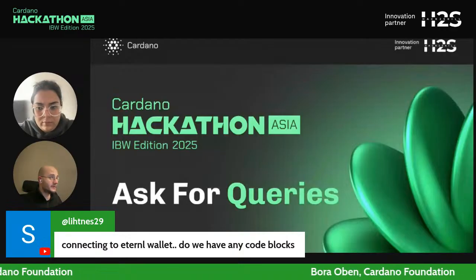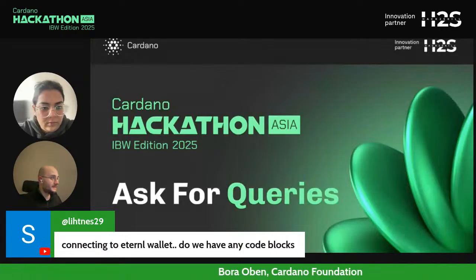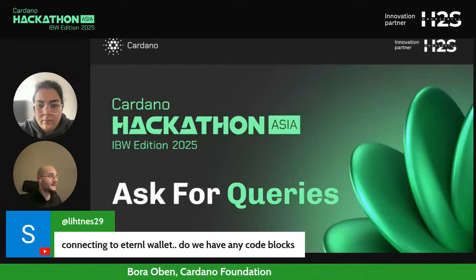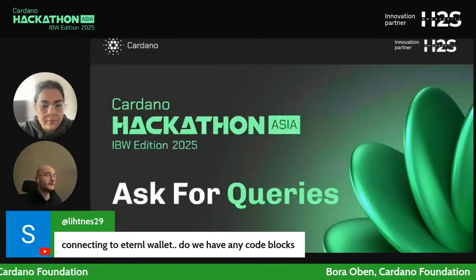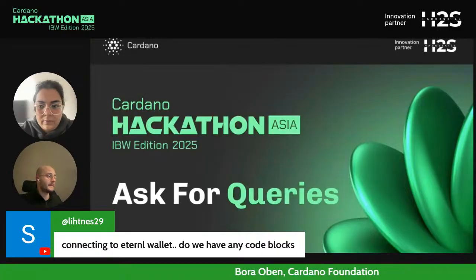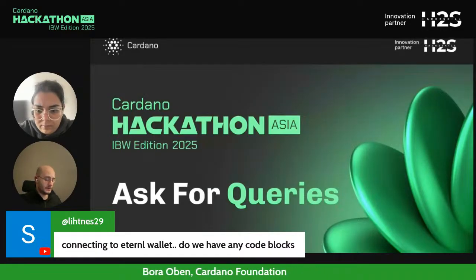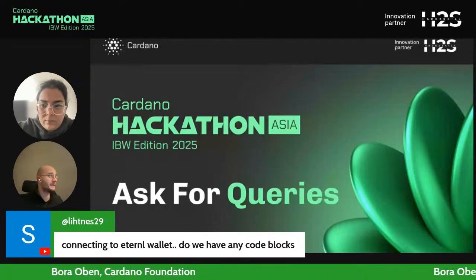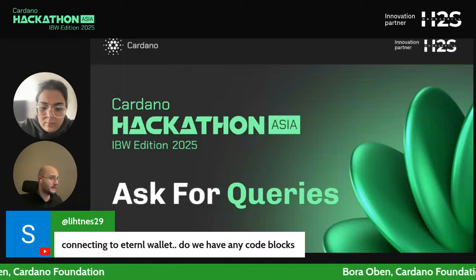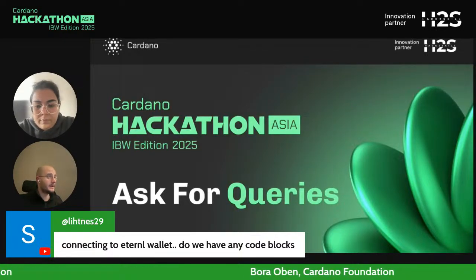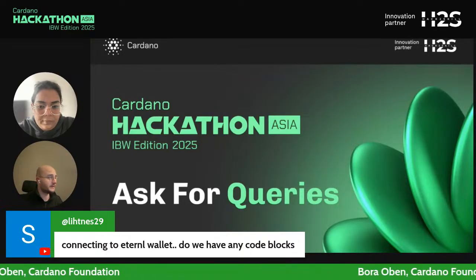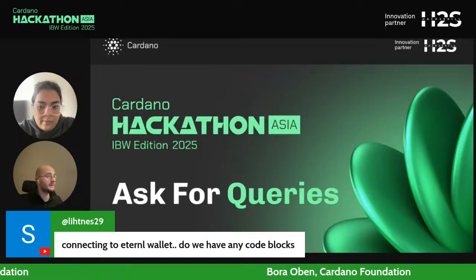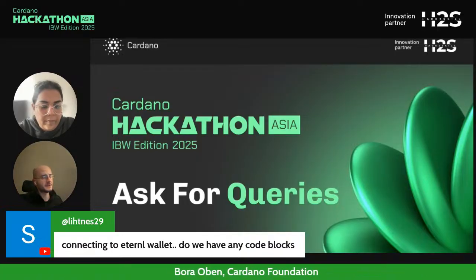I'm looking for the page right now, so I'm rambling a bit. For example, I just sent a page from the Mesh SDK. I think some of you might have already had some workshops about it or have seen the Mesh SDK before. If you go to this page specifically, you see how to integrate a CIP30 compliant wallet into your application using Mesh. And it's just plug and play.